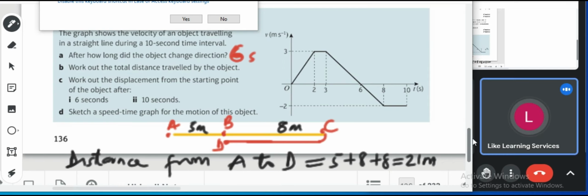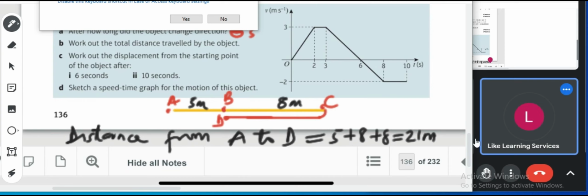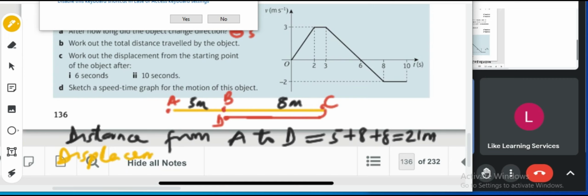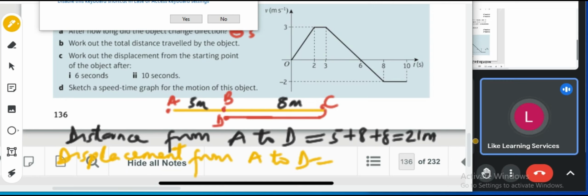So what was the displacement from A to D? Displacement from A to D is just 5, because displacement is measured from where you were to where you are.